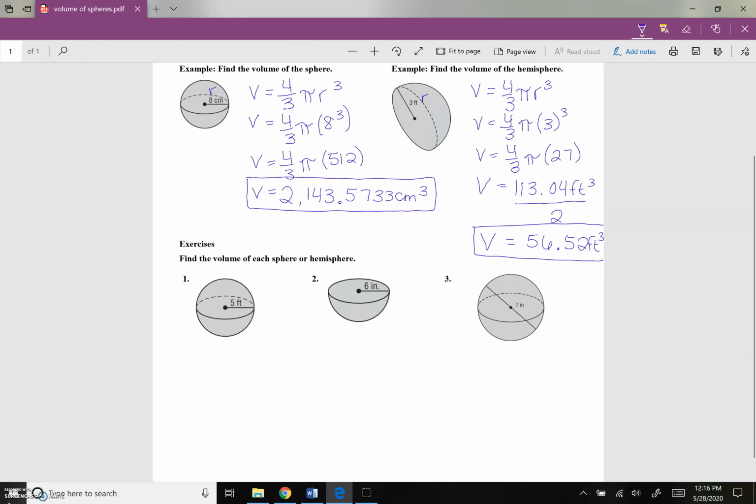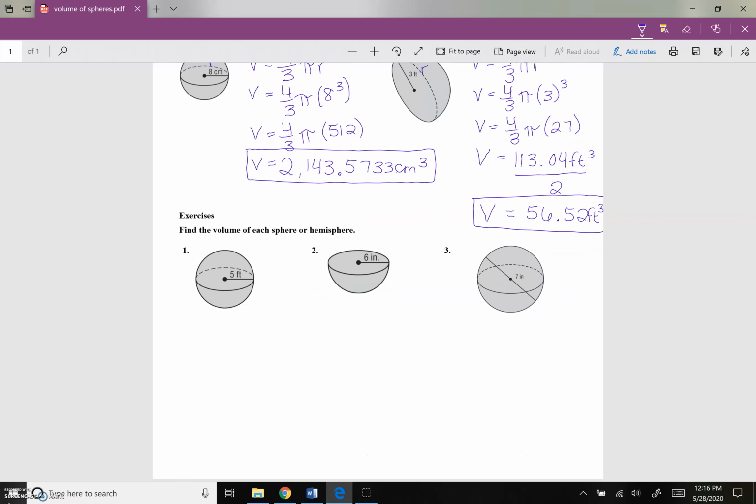Now scrolling down to our exercises, we're going to talk about leaving our answers in terms of pi this time. So we're going to start with our same equation. And we know that our radius is 5 feet, so we're going to plug that in.